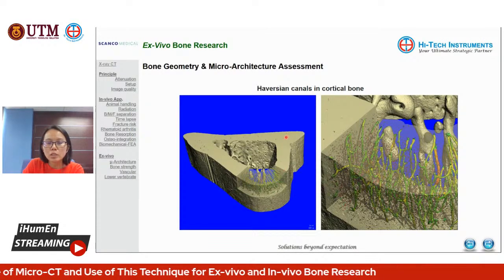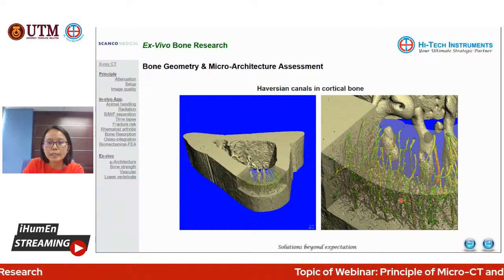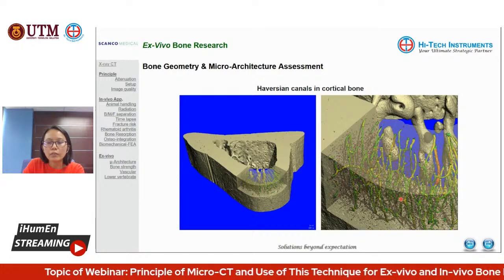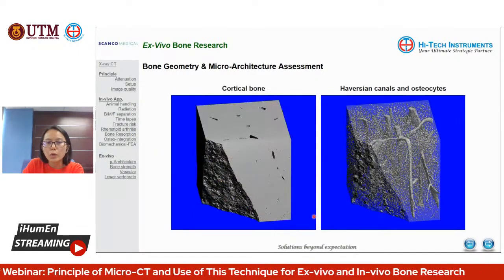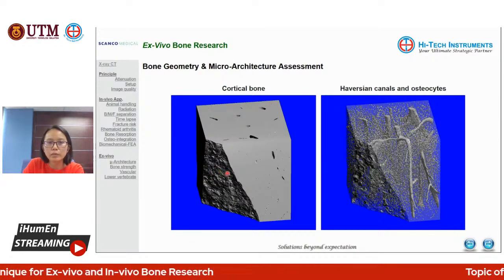So you can see the solid here is the cortical, and the one color coded with green and yellow would be the canals itself, which also represents the network of the blood vessels. Again, you can see the solid part is the higher density of the bone, cortical.